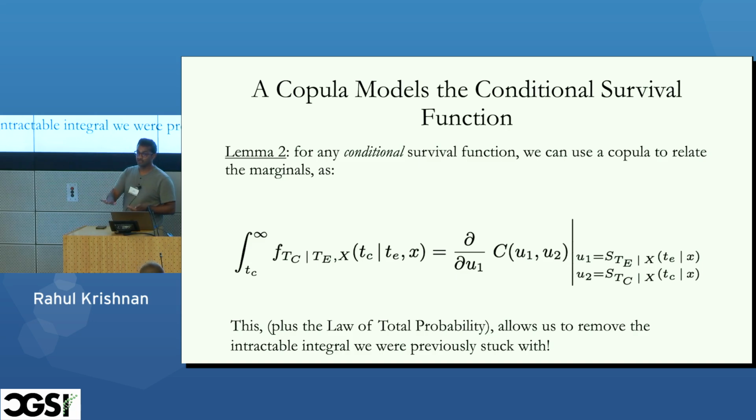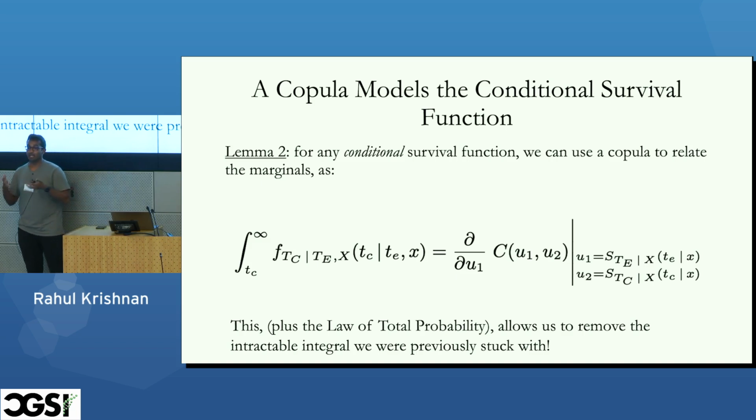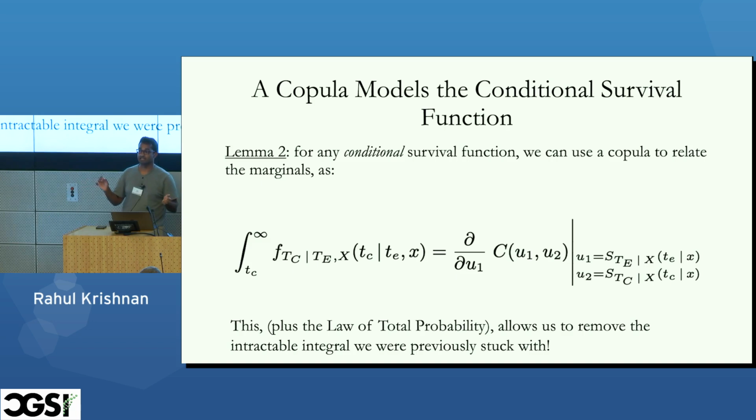So the integrals that we had a hard time evaluating and differentiating in the first set of equations that I highlighted can now be replaced by this derivative of u1 of c evaluated at some complicated set of points. So even though that equation looks complicated, you should take my word that you can translate that into a simple analytic and differentiable function. And that's really the trick that makes this entire enterprise work.